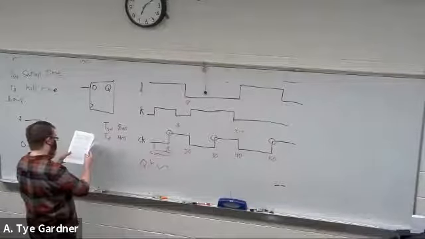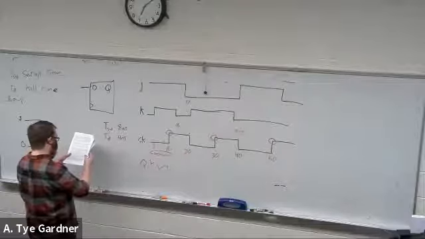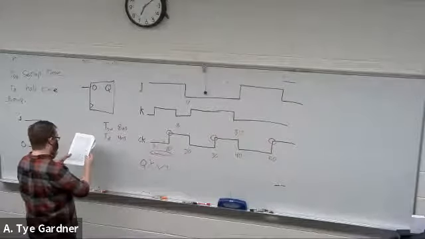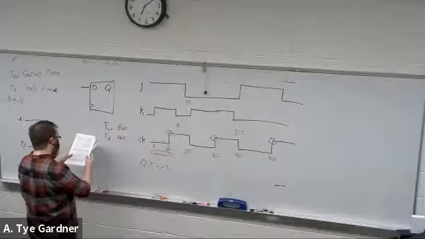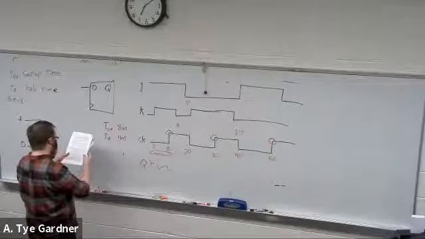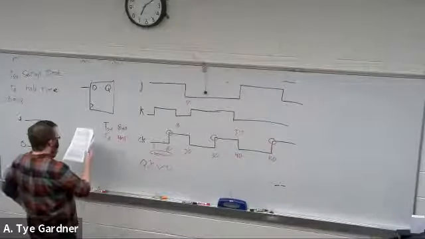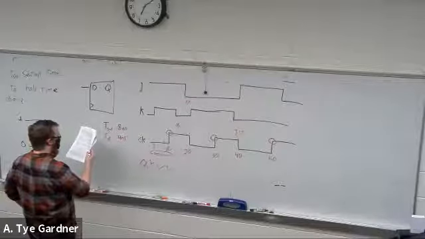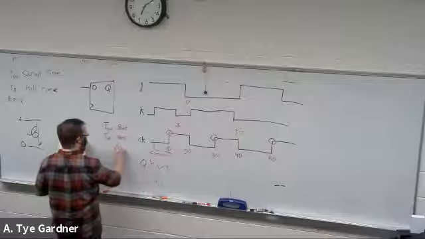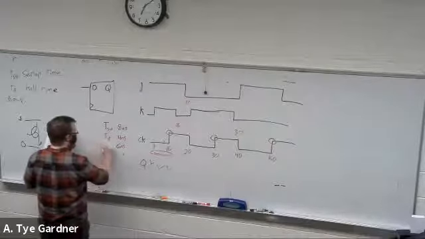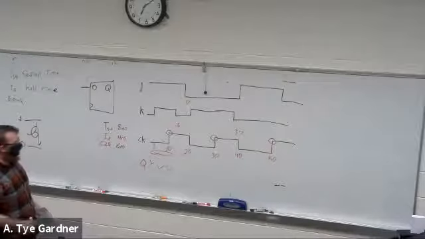And let's say my clock to Q, propagation delay, is 6 nanoseconds. Let's just call it 6 ns. My clock to Q is 6 nanoseconds.